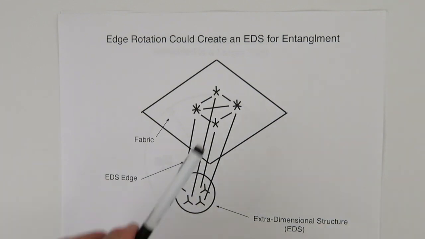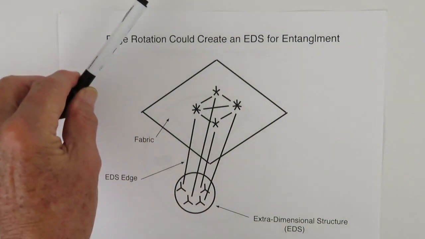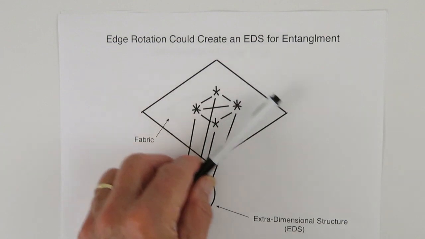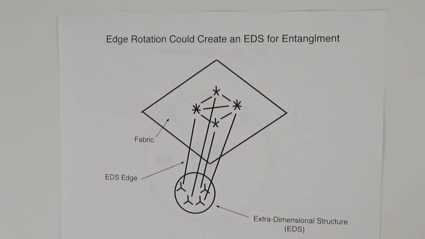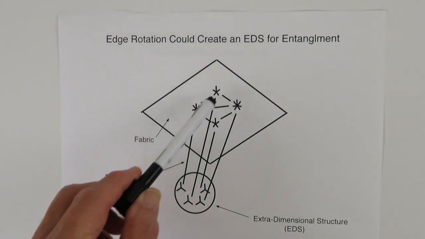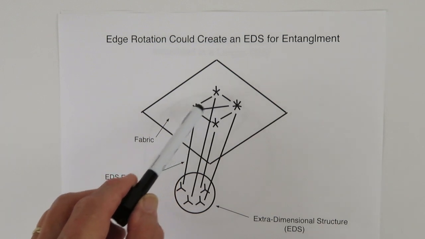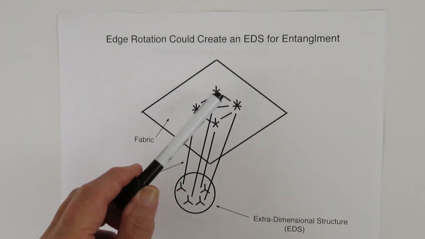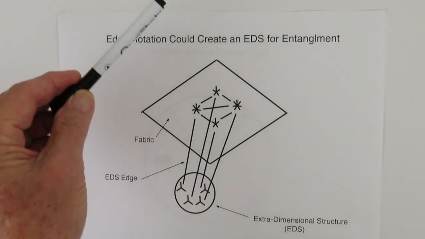But let's say that question could be resolved. Well, in that case, as this defect moved off here, and perhaps this defect moved off here, then these 2 defects would be entangled by the EDS. And you would have instantaneous, well, virtually instantaneous, because when a signal entered, let's say the defect was off someplace here.